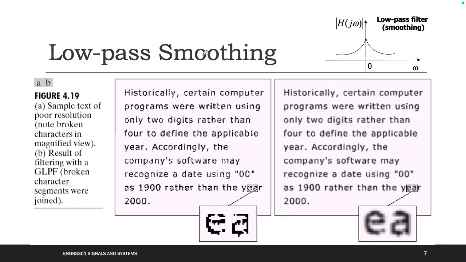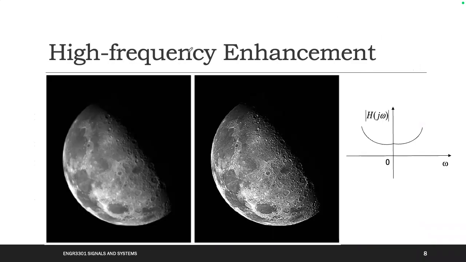This is just a filter application. Similarly, this is your original image, and you want to get a sharp image. We know the sharp details are related to the high frequency signal. So we want to keep the high frequency part and remove the low frequency part.